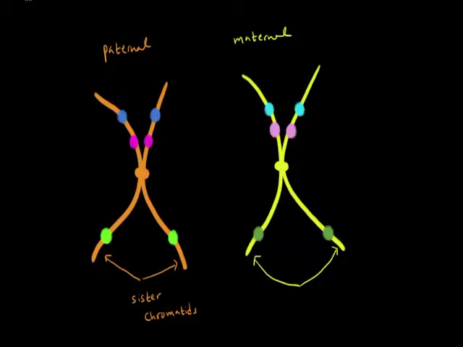And I'm just going to review a bit to give us some context. So normally in the cell, the paternal chromosome would just look something like that with the centromere in the middle, and the maternal chromosome would also look something like that. But during meiosis or mitosis, when they replicate, this chromosome will turn into that, so it's going to duplicate itself, and each one of those strands is a sister chromatid.